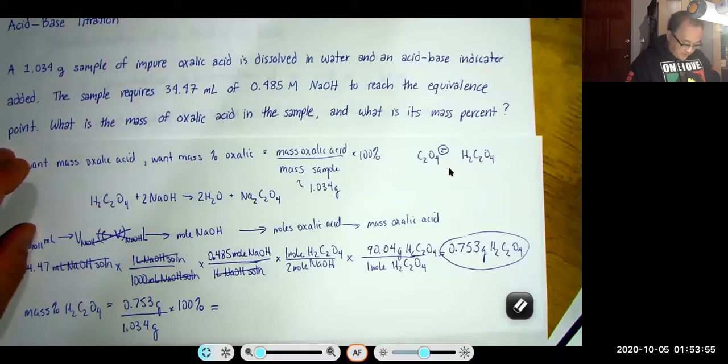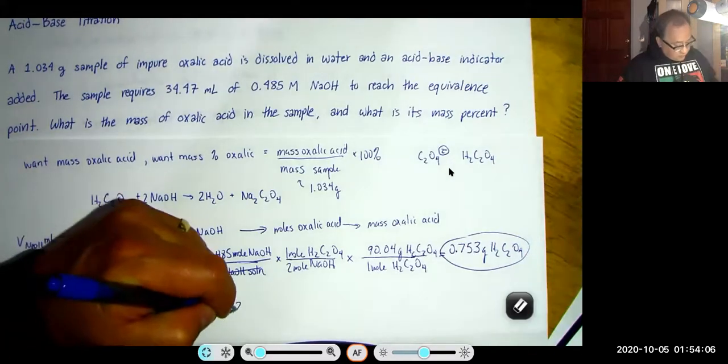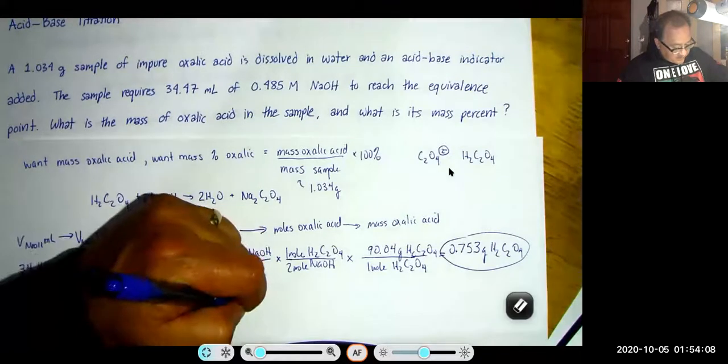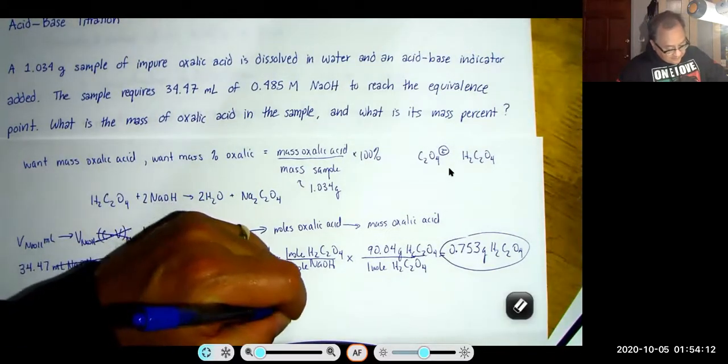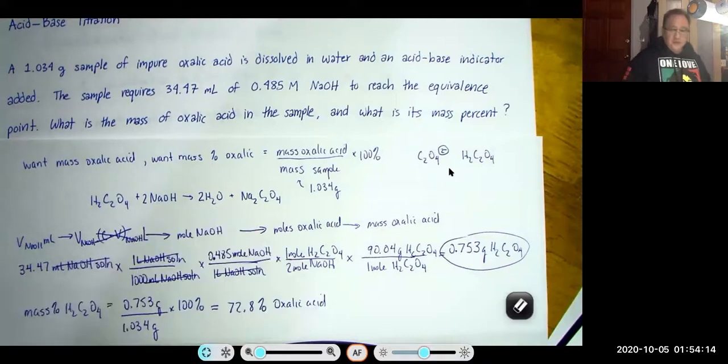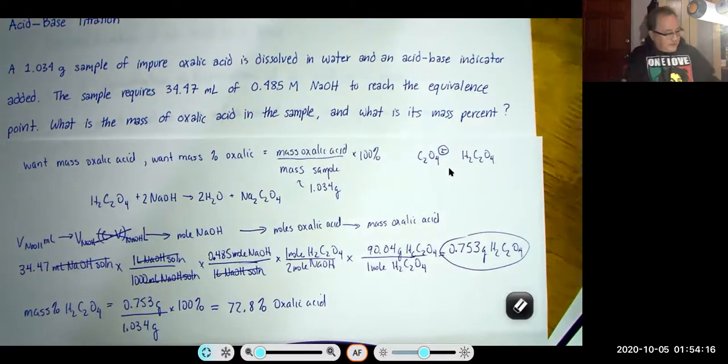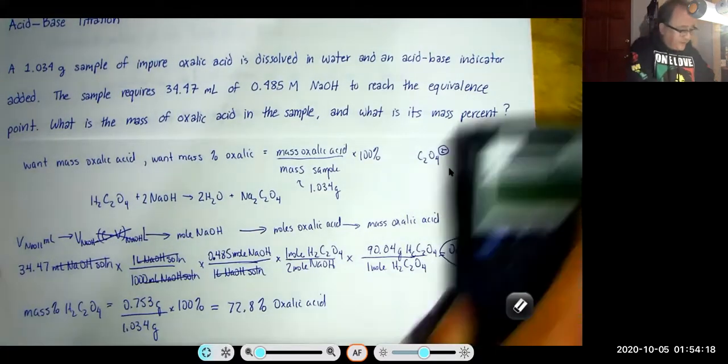Okay, so 0.753 divided by 1.034 and times 100, and I get 72.8% oxalic acid. Okay, there we go. There is your acid-base titration.